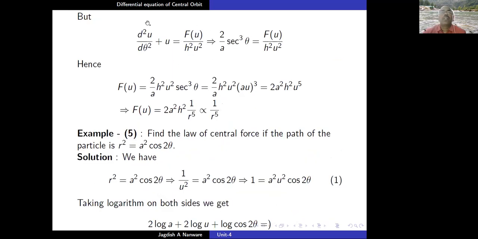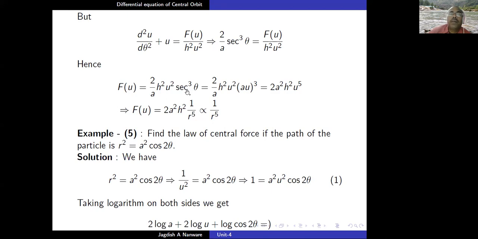Now, again using this equation, we have just put the value of second derivative plus u, which is 2a sec cube theta, equal to f of u upon h square u square. And what is f of u? f of u will be this multiplied by 2a, which is here, right? So 2 h square u square, this a.